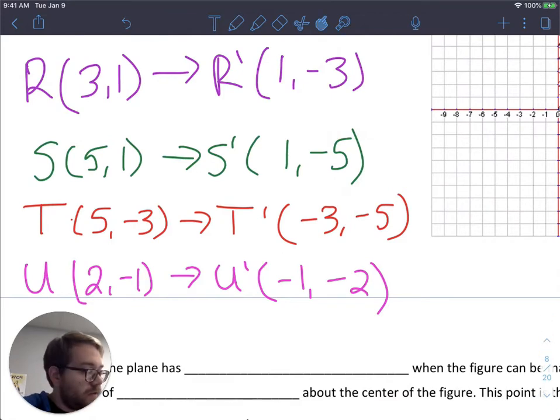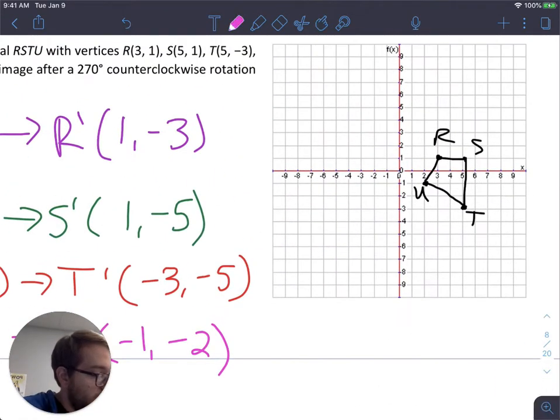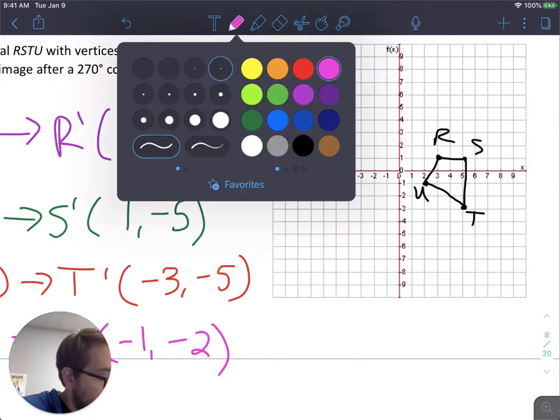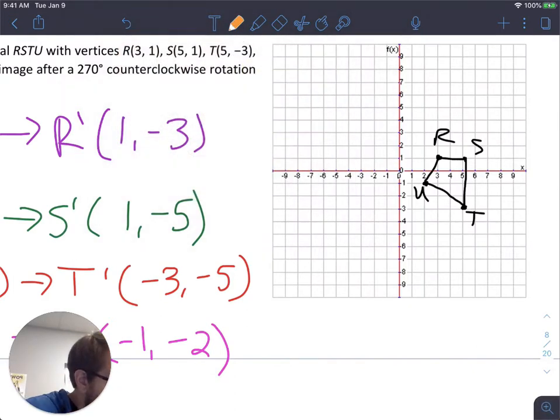So now I can graph each of those. R prime's at 1, -3. 1, -5. It's R prime, S prime. T prime's at -3, -5.